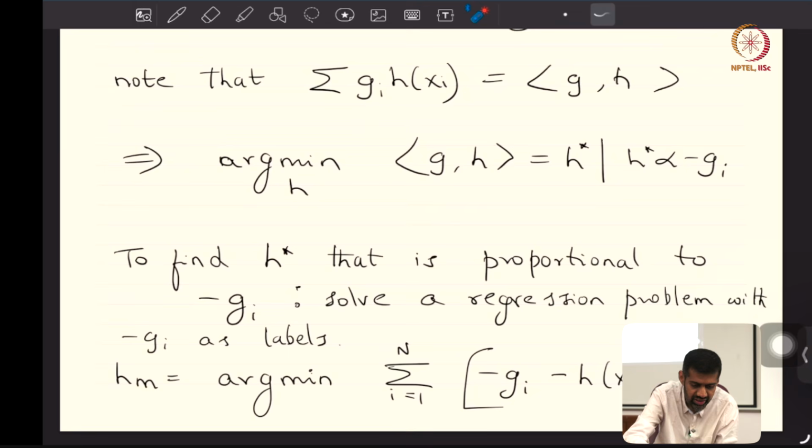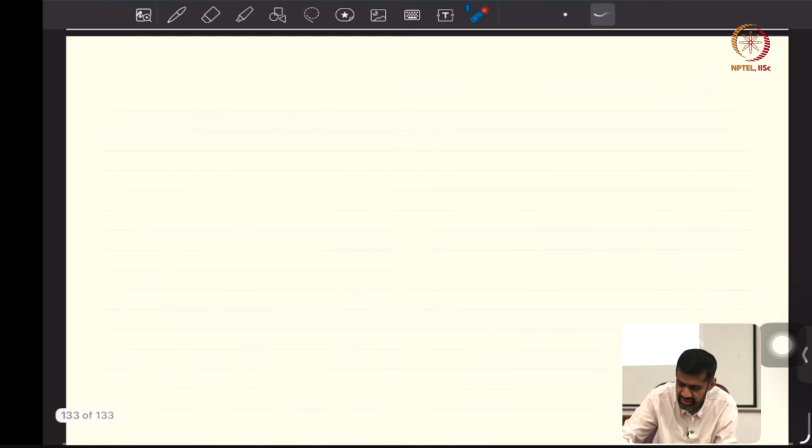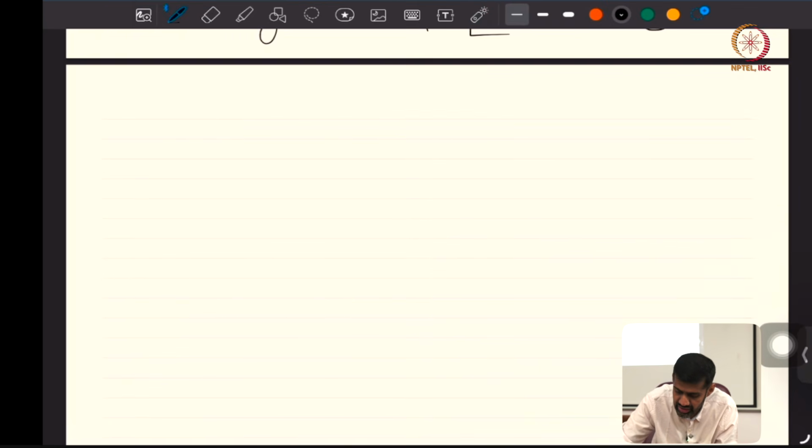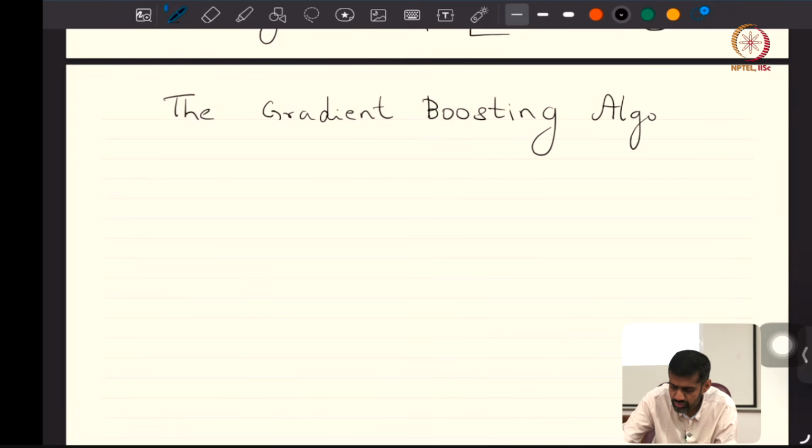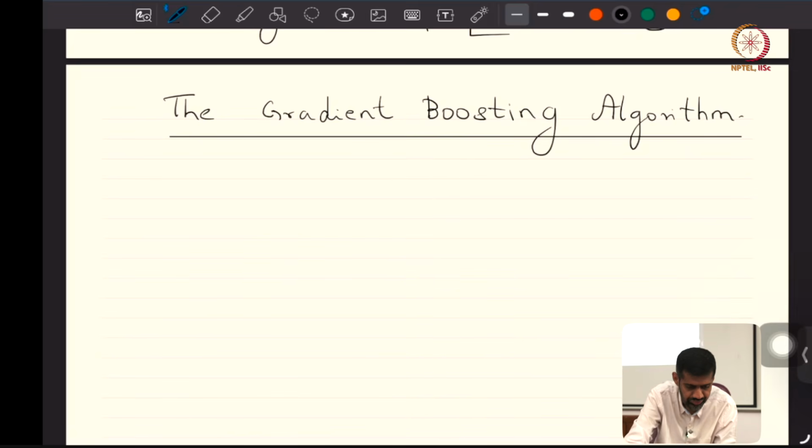Now if I have to write an algorithm for gradient boosting, how do I write it? So the final gradient boosting algorithm is as follows.